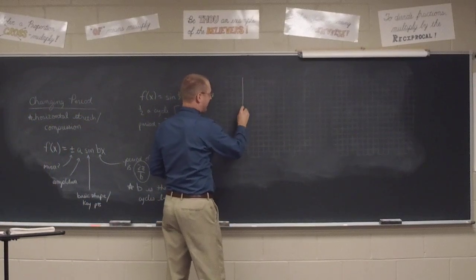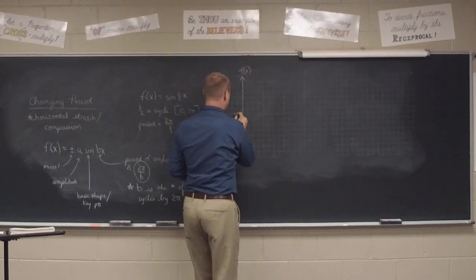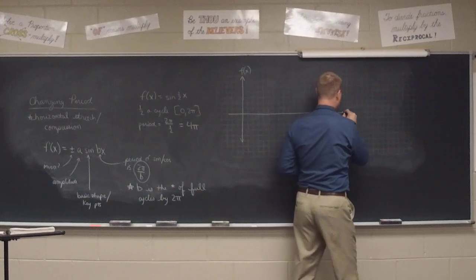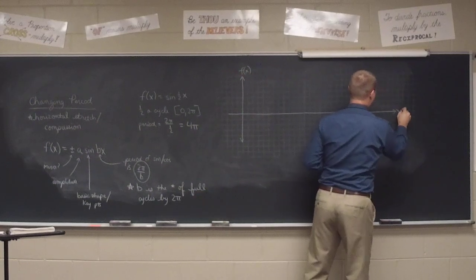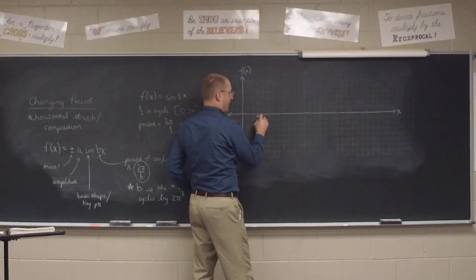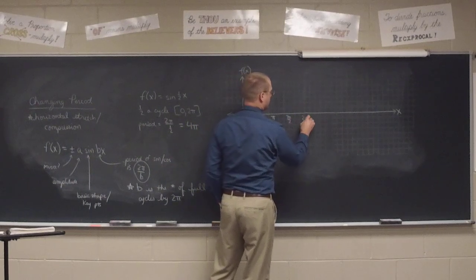So we've got our f of x-axis, and then the x-axis. All right, we've got pi over 2, pi, 3 pi over 2, 2 pi.